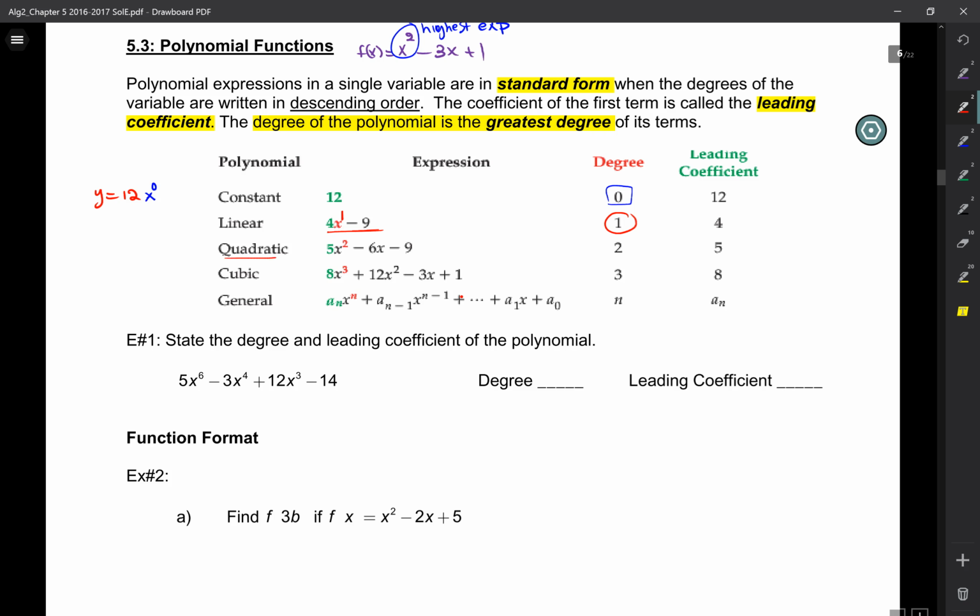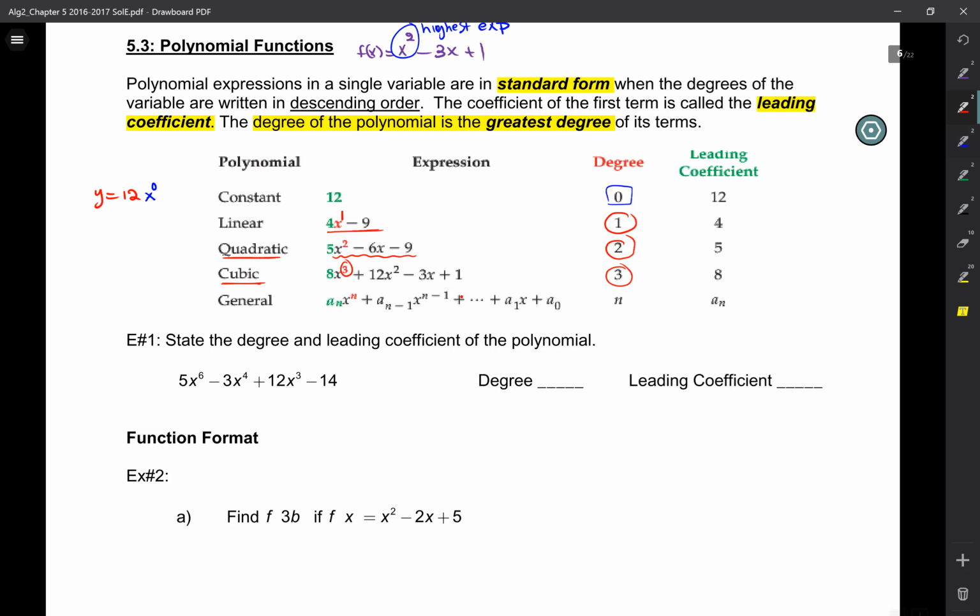And what about our quadratic functions? We're experts on that now. What's the highest exponent? 2, so the degree there is 2. In a cubic function, which we haven't done too much of, the highest exponent is 3, so the degree is 3. All right, so that's how we figure out degrees.